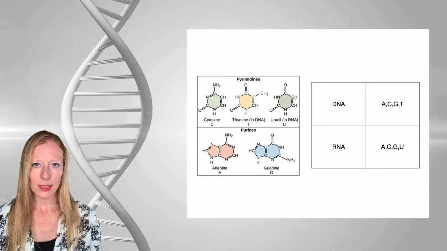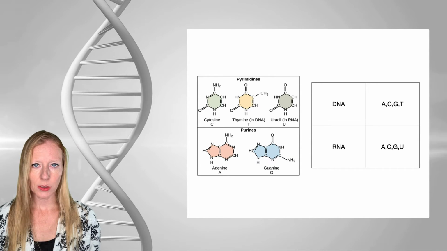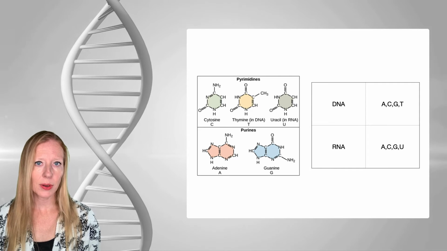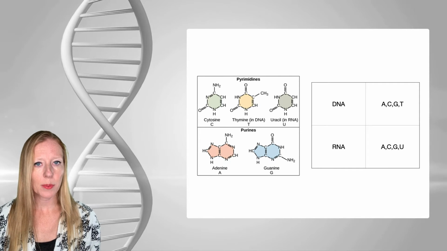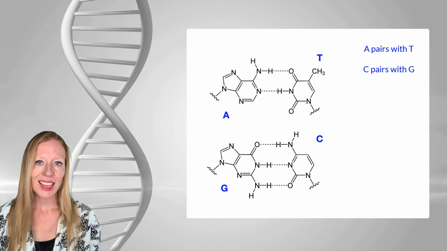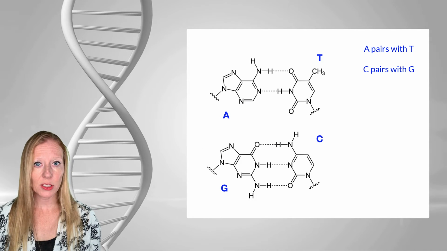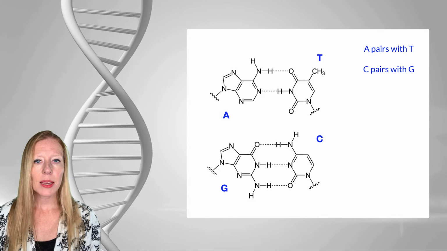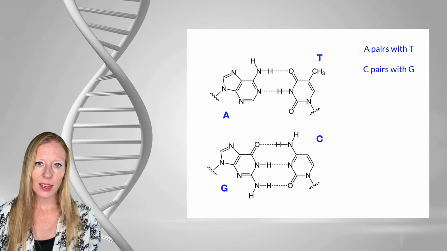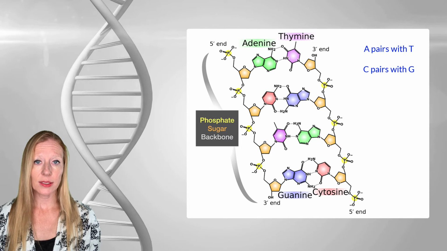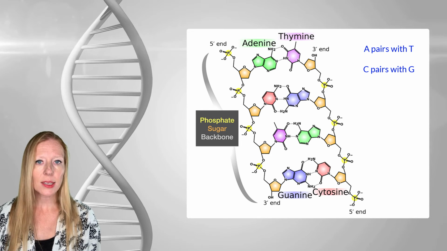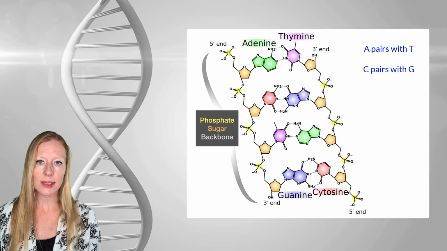These nitrogenous bases can have 2 interlocking carbon-nitrogen rings, in which case we call them purines, or they can have a single carbon-nitrogen ring, in which case we call them pyrimidines. These nitrogenous bases can form hydrogen bonds with other bases, and base pairing is specific. If we're looking at a molecule of DNA, we have 2 polynucleotides, or strands, that are bound together by hydrogen bonds between the bases.